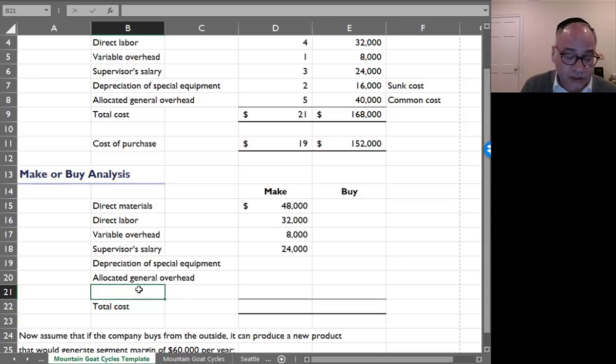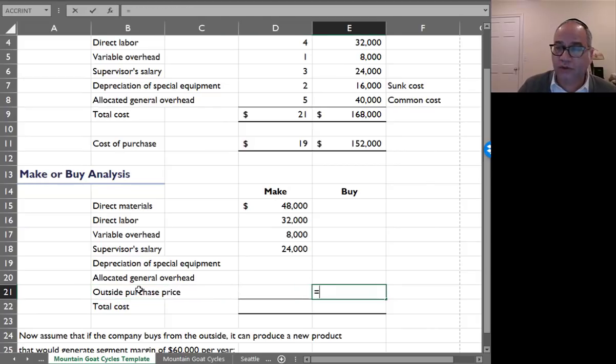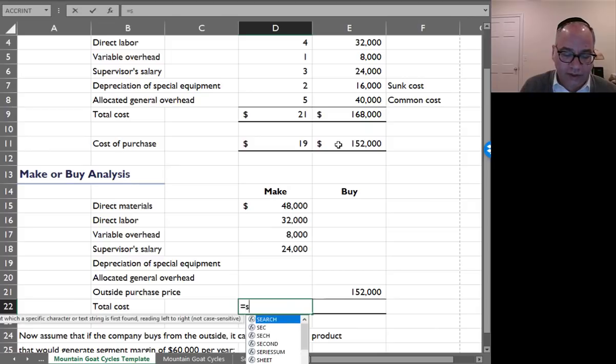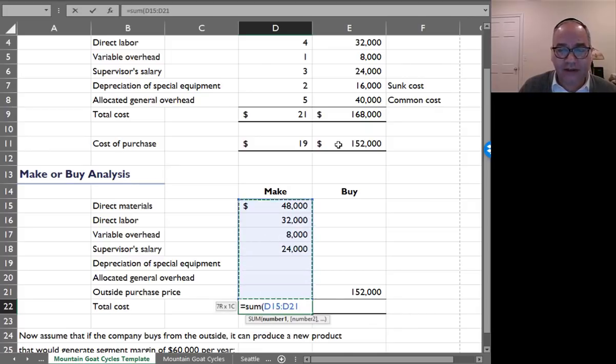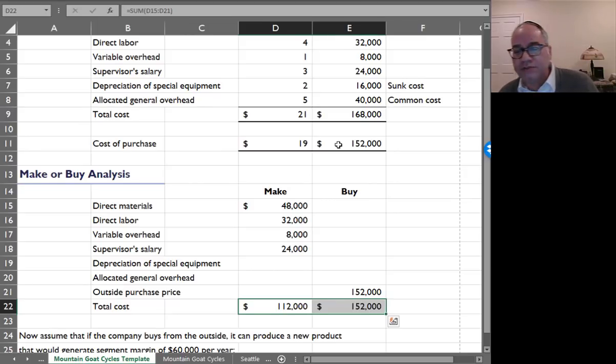We are going to have an additional cost here if we buy, and that's going to be the outside purchase price. The outside purchase price would be $152. So the total relevant cost here, and I'm leaving out the irrelevant costs. If you include the irrelevant costs, you've got to include them on both sides.